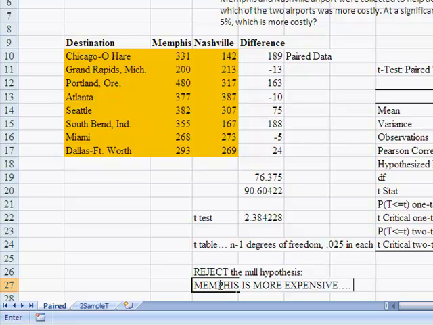Okay? So that's what we do. Now, what was the point of this? The point was that if your data is actually paired, take advantage of that, because you'll have a smaller standard error with paired data than you do with just plain two sample data. After all, you're taking advantage of using the same destinations.